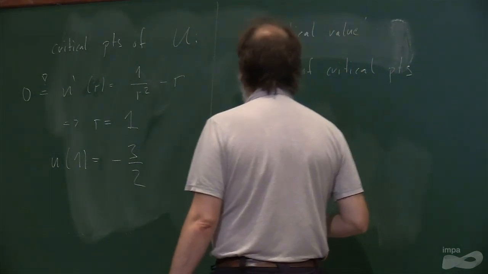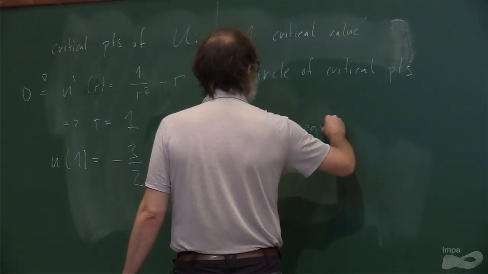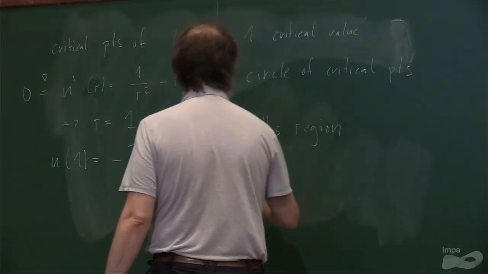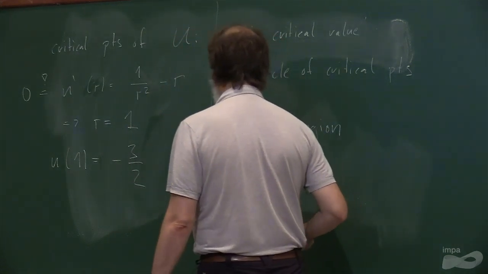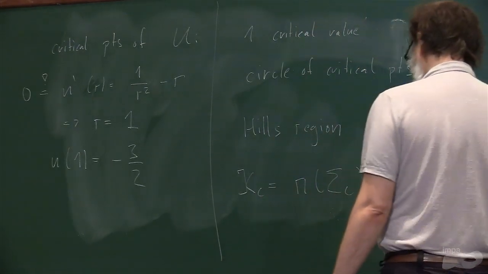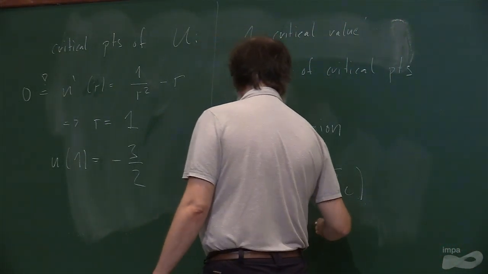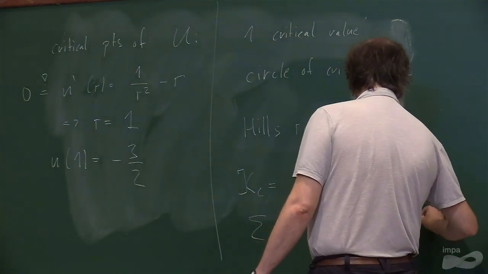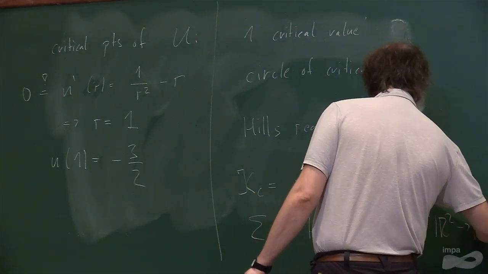And the Hill's region, so we have K_c, which is the projection of the energy hypersurface. So Sigma_c is H^-1(c), and pi is from T*R^2 to R^2, the foot point projection.